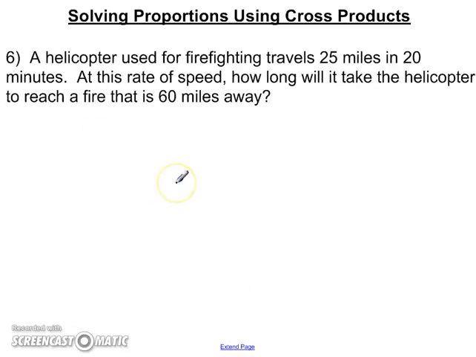All right, a helicopter used for firefighting travels 25 miles in 20 minutes, which seems to me to be a ratio in itself. I'm going to set that up right now, and again, I went miles over minutes. You could have gone minutes over miles. That's okay.